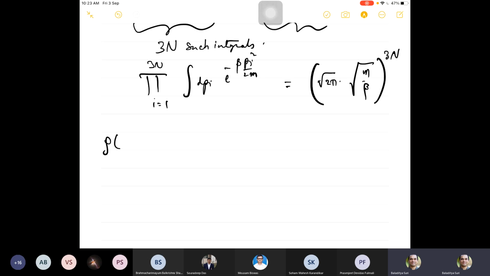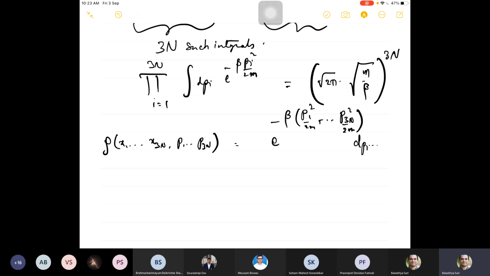So now we can write rho of x1 to x3N, p1 to p3N as e to the power of minus beta H, divided by, we have in fact evaluated the normalization constant exactly.